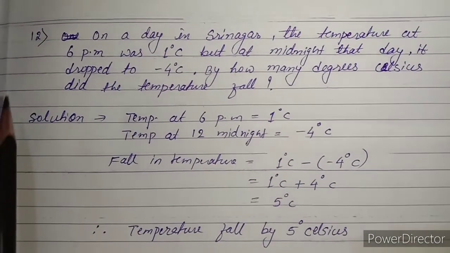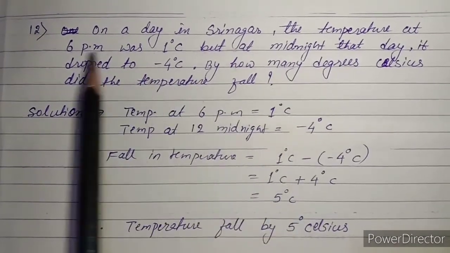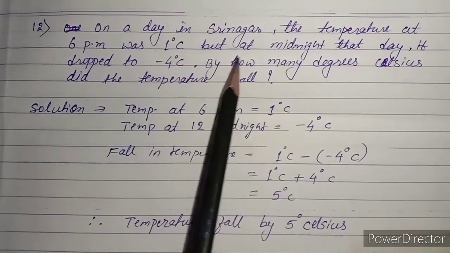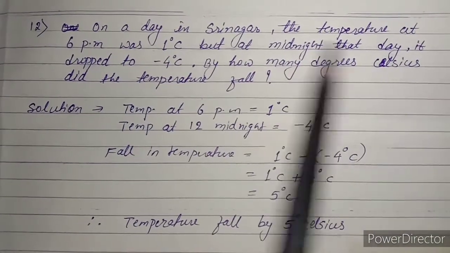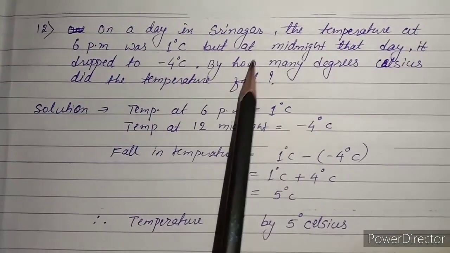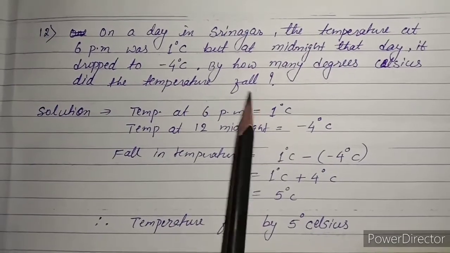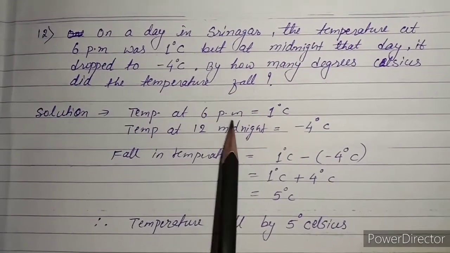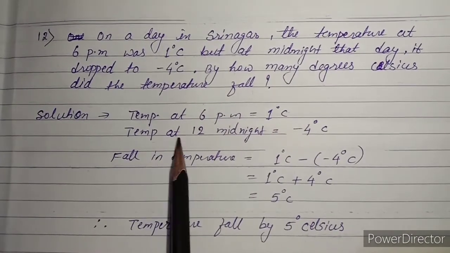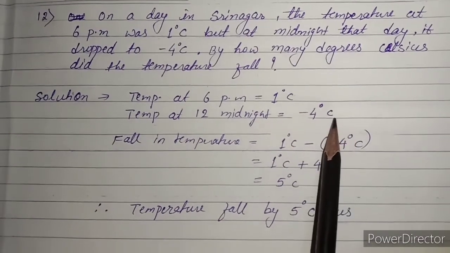Next question is question number 12. On a day in Srinagar, the temperature at 6 p.m. was 1 degree Celsius, but at midnight that day it dropped to minus 4 degrees Celsius. By how many degrees Celsius did the temperature fall? The temperature at 6 p.m. was 1 degree Celsius and at 12 midnight it is minus 4 degrees Celsius.